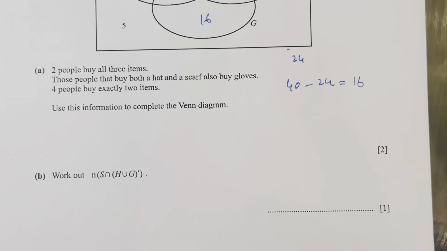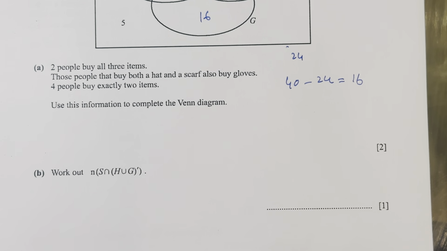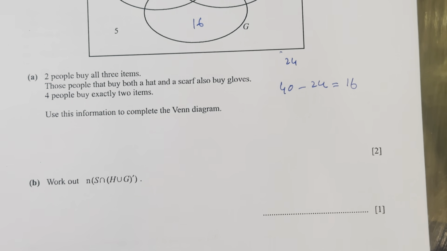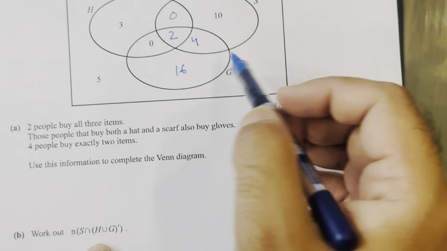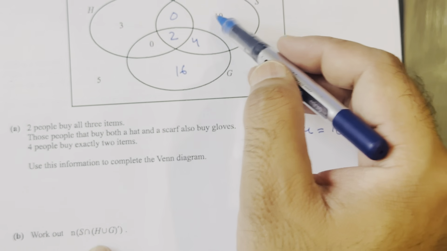Work out the number of S, which is H intersection G, whole complement. We need to find the number of the following. So first H and G, and taking the complement.